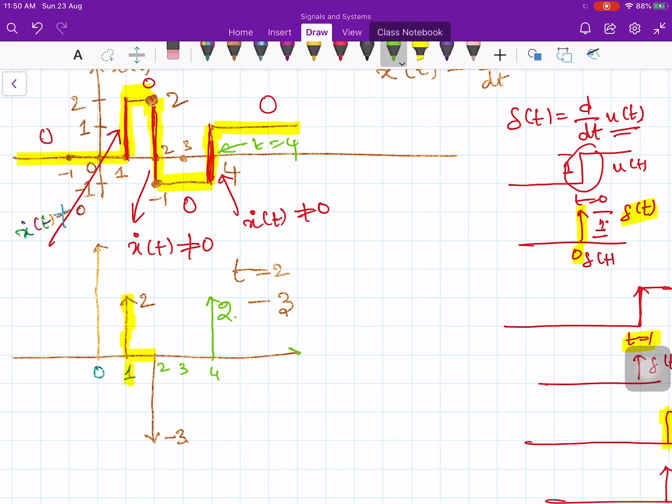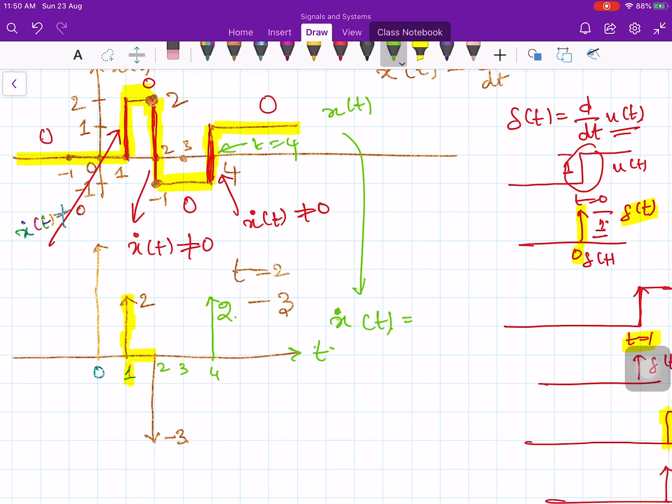So this is your x dot of t. From the given signal x of t, I got x dot of t, where x dot of t we defined as the first derivative of x of t. Now one can ask a question: can we get back my x of t from the derivative of x of t?